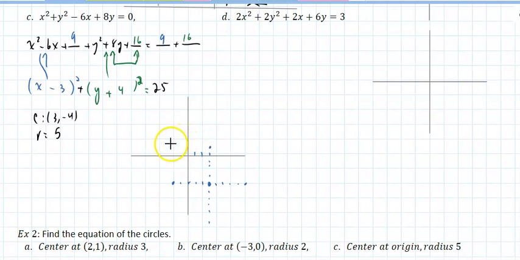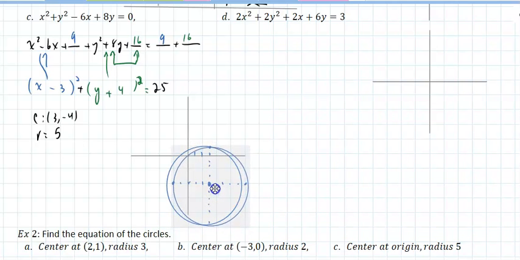And if I connect that with a smooth curve, I'll be looking at a circle that looks like, oh, but it didn't work. Okay, we'll go the old traditional way. There it is.